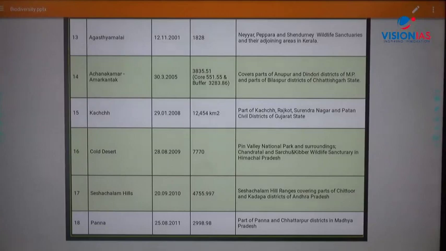The 10th one is called the Agastya Malai Biosphere Reserve, which is located in the Neyyar, Peppara, Shendurni wildlife sanctuaries of Kerala and Tamil Nadu.